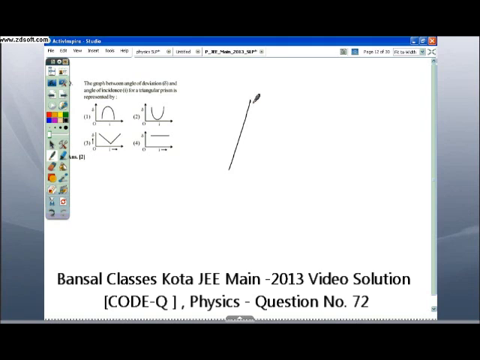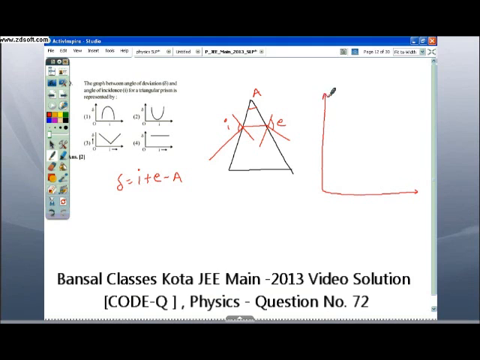We all know that if we consider a triangular prism, and a ray is incident at angle of incidence i and comes out at an angle e, if A is the angle of prism, then deviation delta is given by i plus e minus A. Now we know that as angle i is increased, first deviation decreases, becomes minimum for some angle of incidence, and then again it increases.